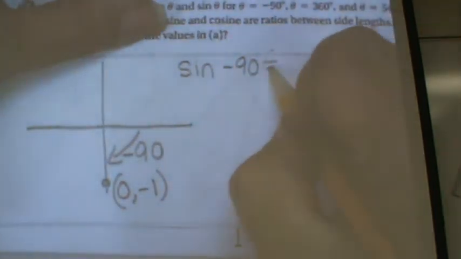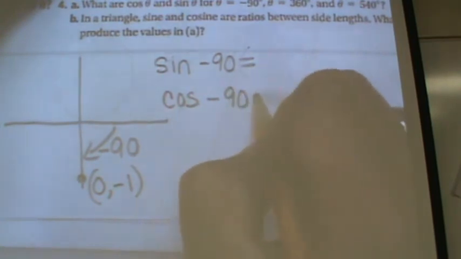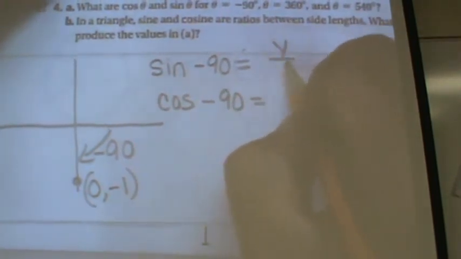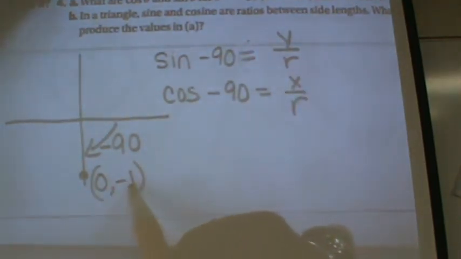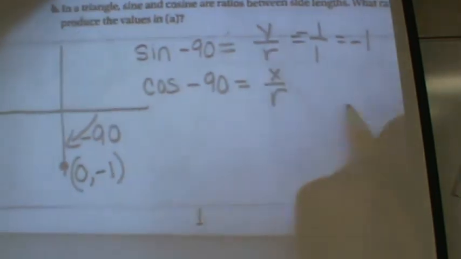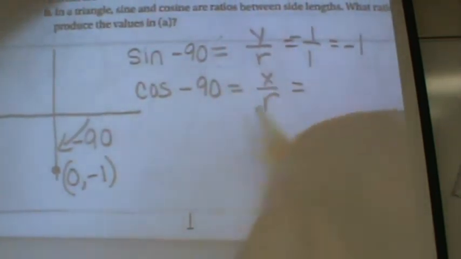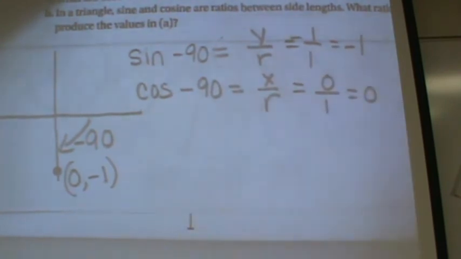What's the definition of sine? What's the definition of cosine? This is Y over R and this is X over R. What is the Y value here? -1. -1 over 1 is -1, so the sine is -1. What's the cosine? 0 over 1, which is 0.